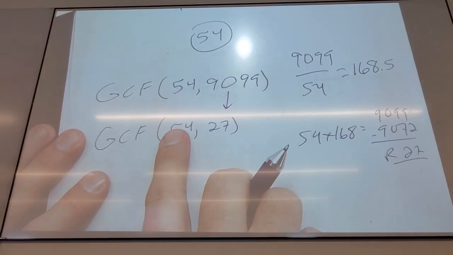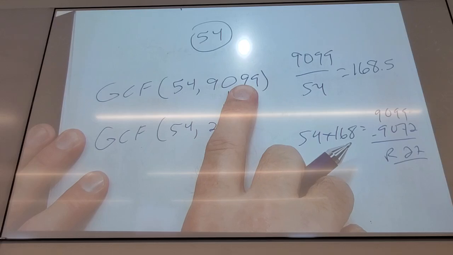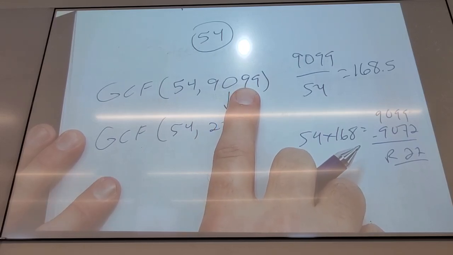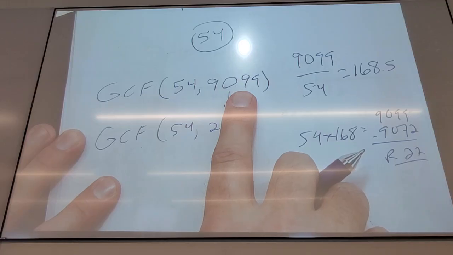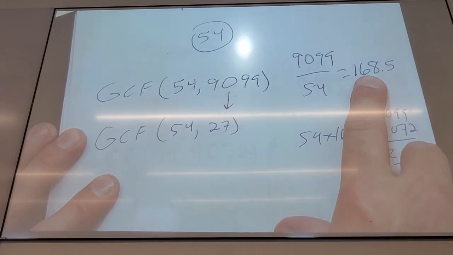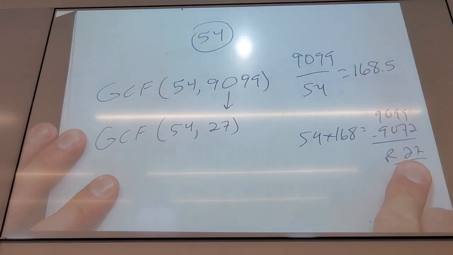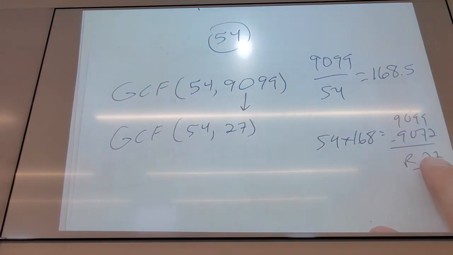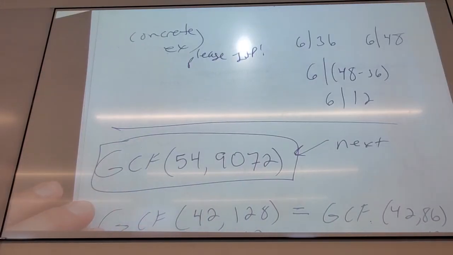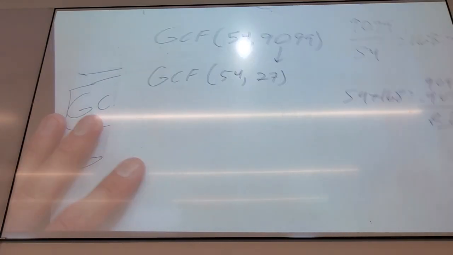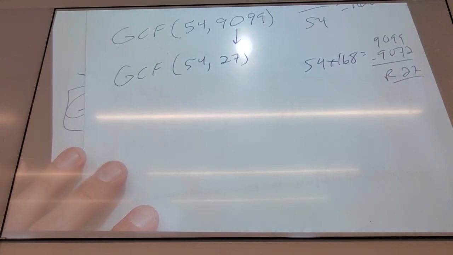How many times could I subtract 54 from this? You could do it. We did the work already. How many times could I subtract 54 from this? 168. What would be left at the end of that? 27. So I just did this without having to write it 168 times.